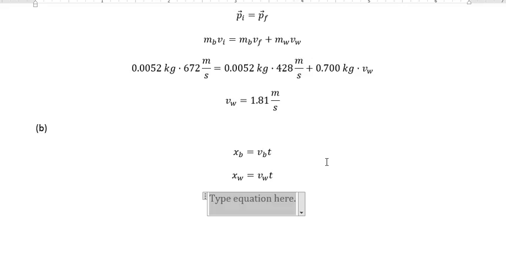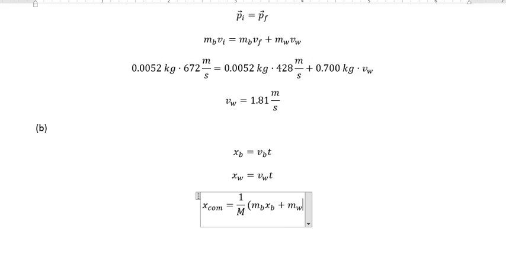And now we have all of those, and the position of the center of mass is 1 over the total mass times the mass of the bullet times the position of the bullet plus the mass of the wooden block times the position of the wooden block, right?